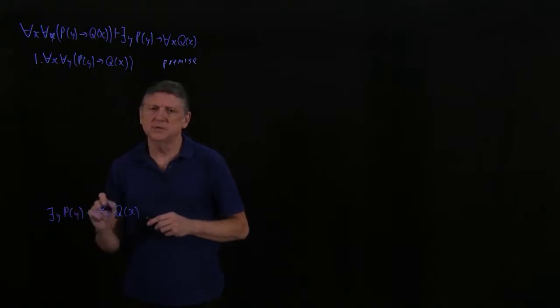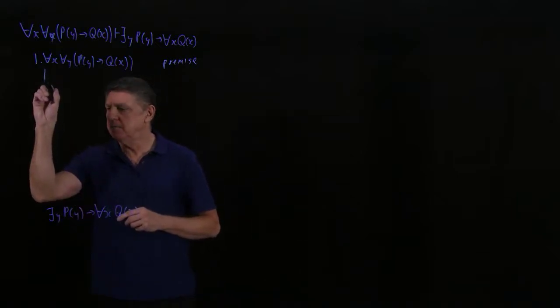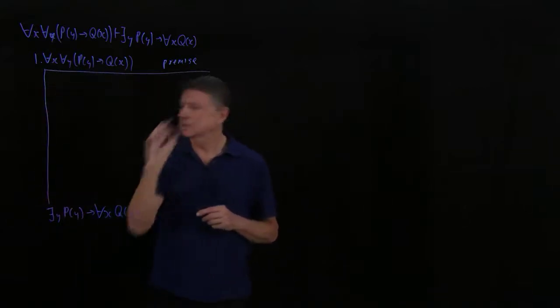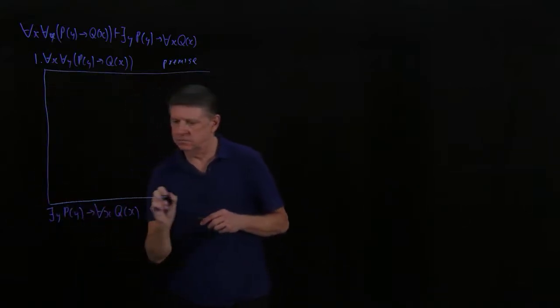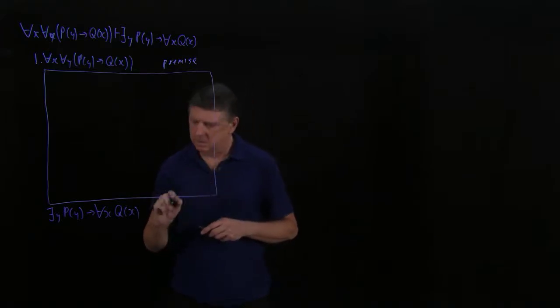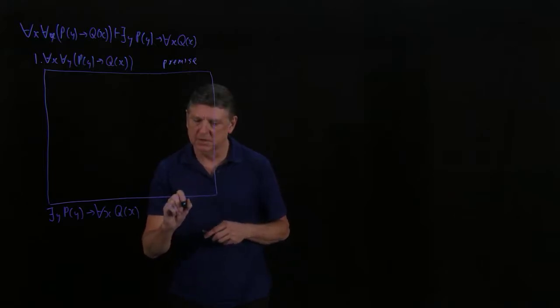Oh, my conclusion, if I write down the parse tree for that, that's an implication. So I can open up an implication assumption box. I will do that. So that would be justified by implication introduction. It must start at line 2.